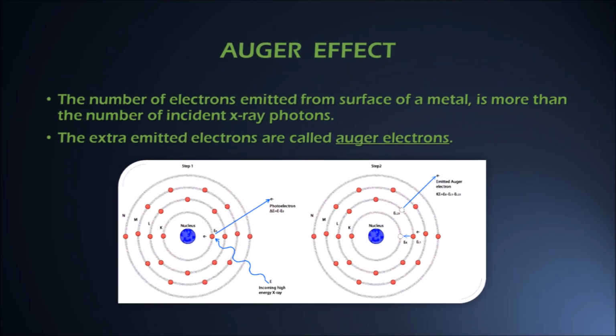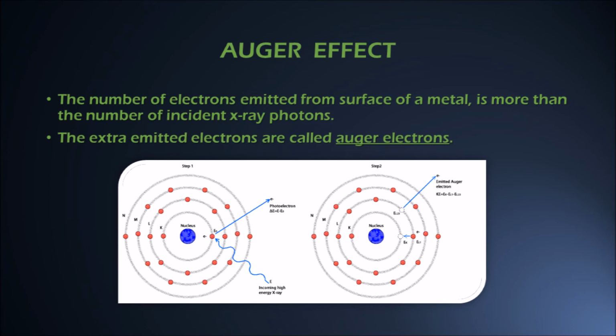What is meant by Auger effect? As we know, in case of photoelectric effect, each incident photon produces one electron. That is, the number of electrons emitted from surface of a metal is equal to number of incident photons in case of photoelectric effect.